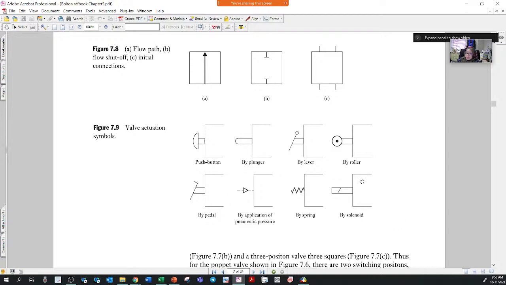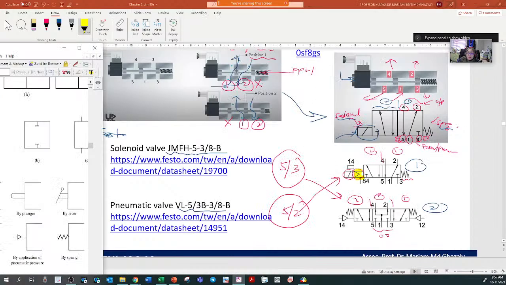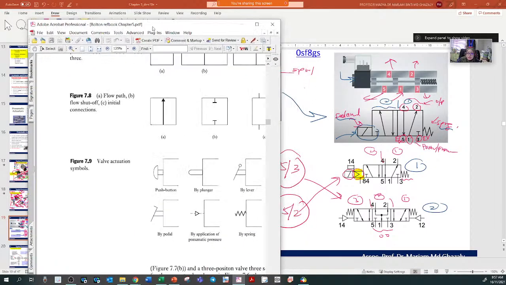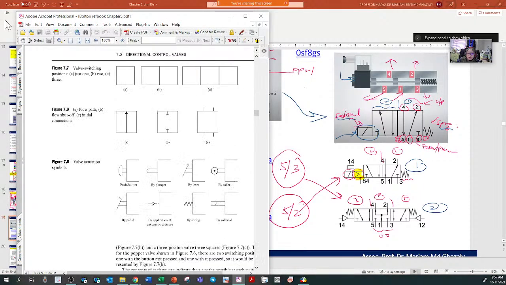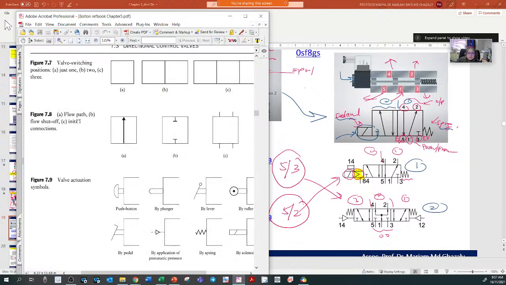But most of the time when we talk about mechatronic systems, normally it will be activated by pneumatic pressure or by a solenoid. Also, if you see here, it's really related to what you have learned on the symbols. You see that there's a flow path, flow shutdown, and initial connection.